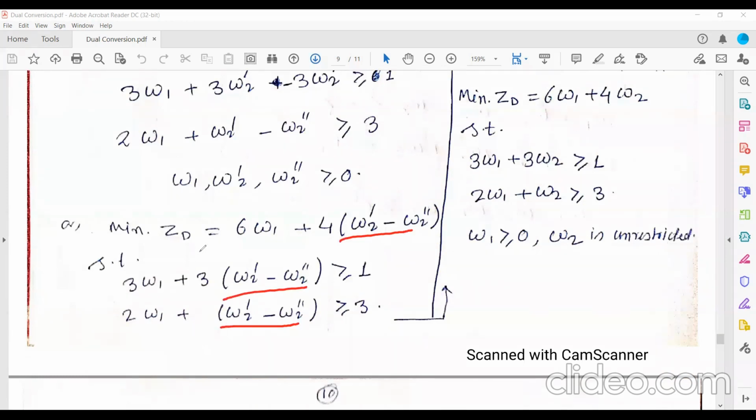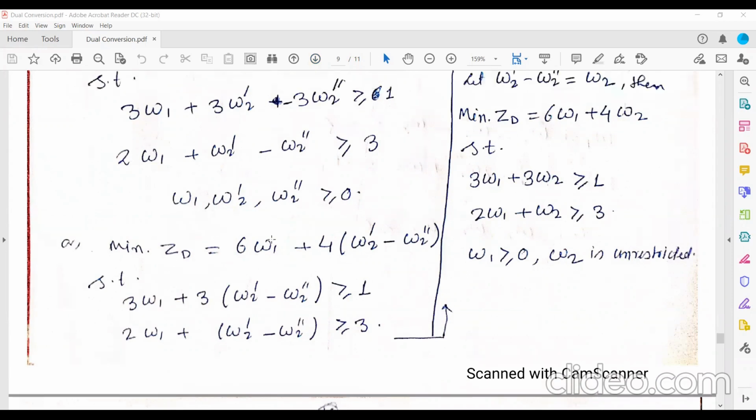Now you consider W2 dash minus W2 double dash equal to W2. Here W2 dash is a positive number, and W2 double dash is also a positive number, so their difference I am considering as any W2.